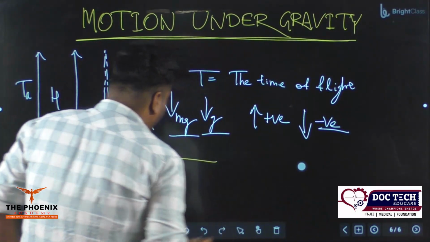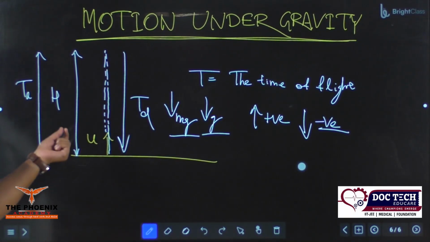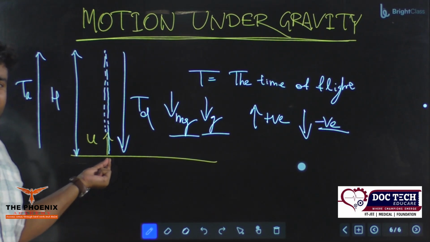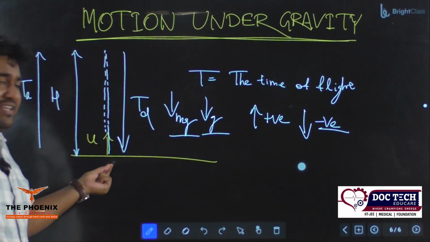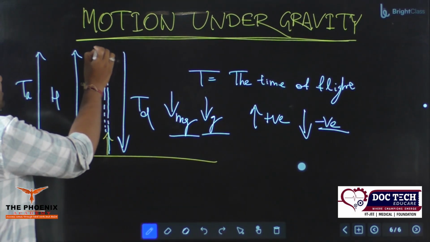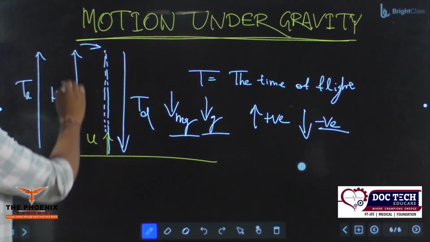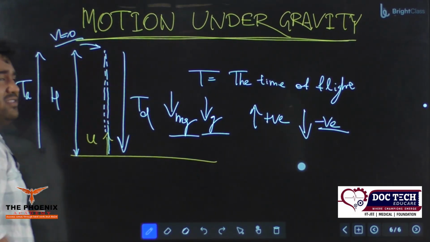Now, first of all, let's derive capital H. You can see that the initial velocity while starting the journey is u, given to the object, and the final speed, if we take this as the final point for the displacement h, will be 0.